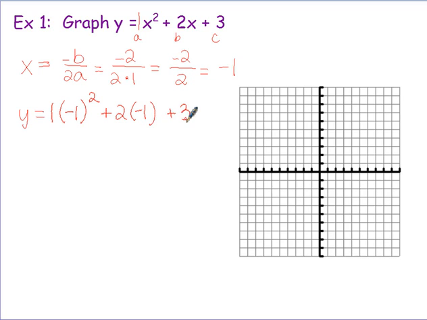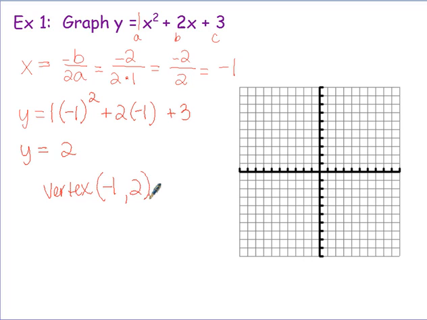If you do it all at one time, it will spit out the correct answer for you, and that correct answer is 2. So our vertex is negative 1, comma 2.